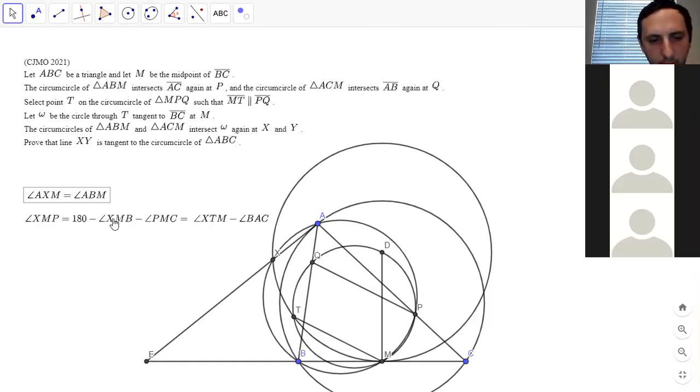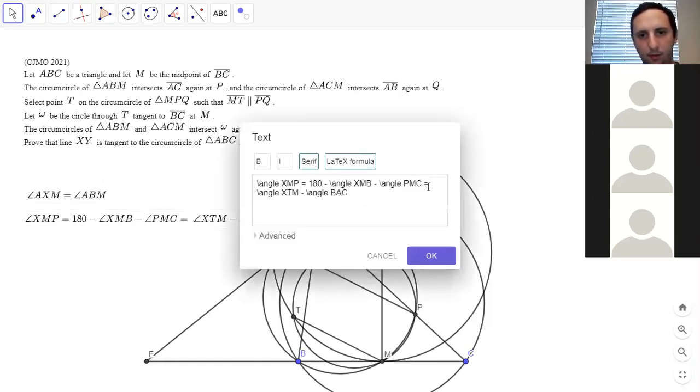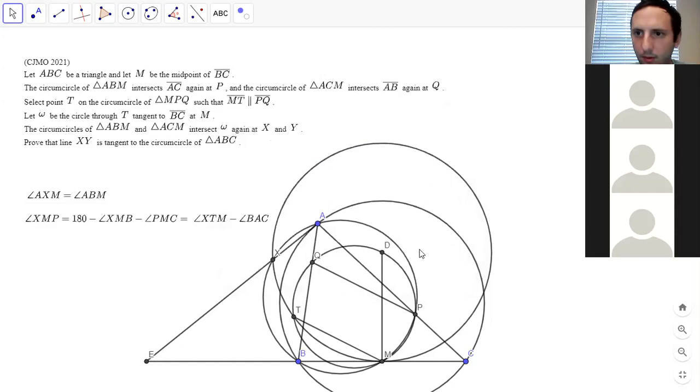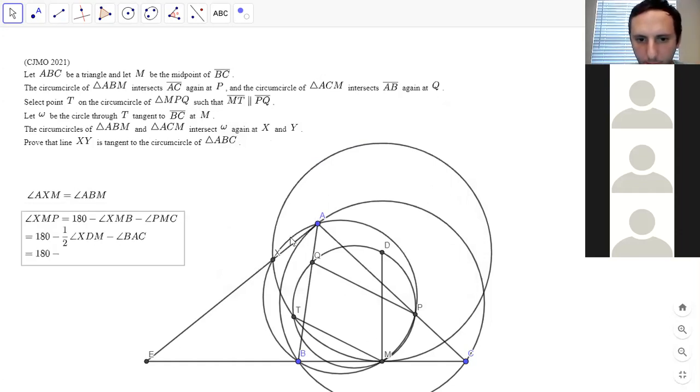So this would be 180 minus half of angle XDM. XDM is 2XMB.